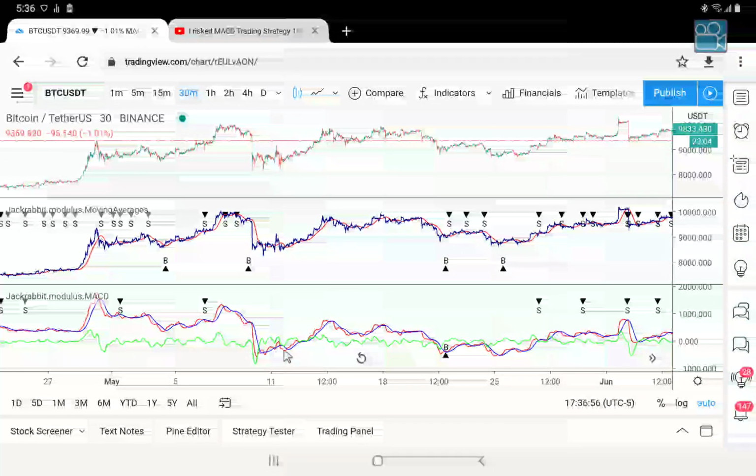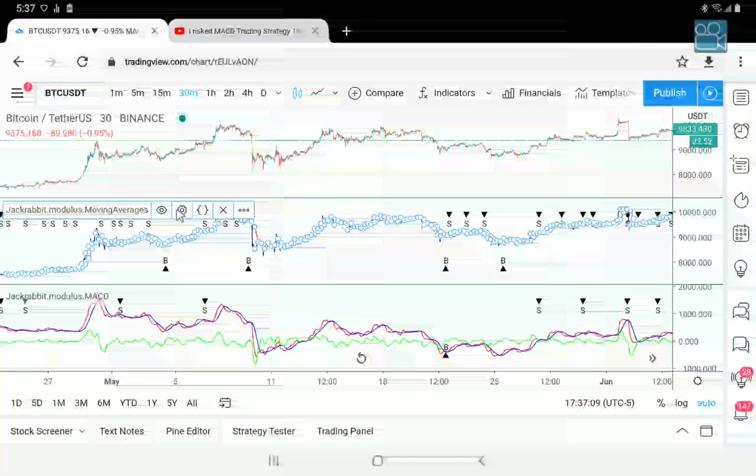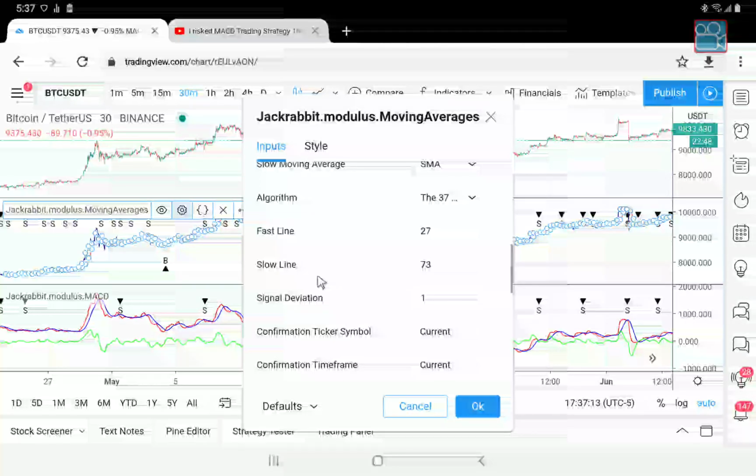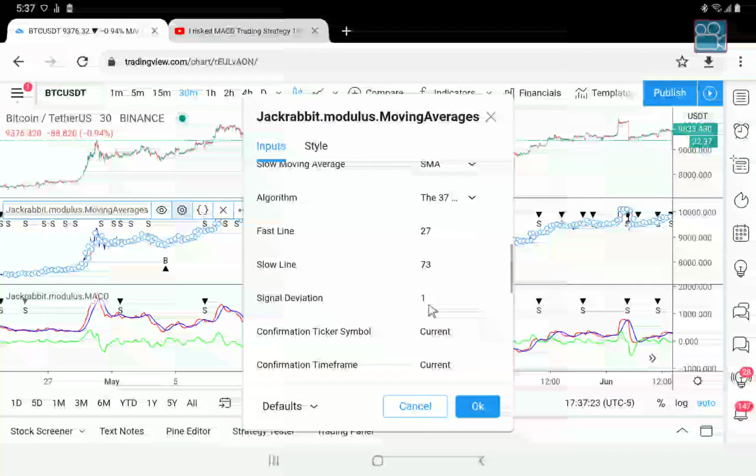But notice the signal was not strong enough here. So signals will not show up unless they make that 1% deviation. That's a sneaky little trick that helps you guarantee you're not going through whipsaw. Your signals will be a minimum of 1% apart.